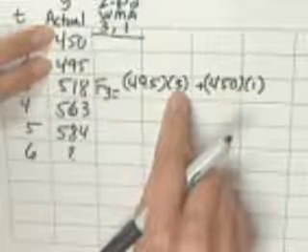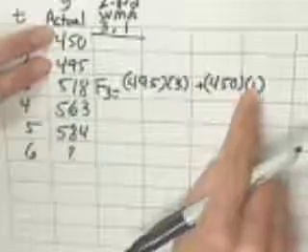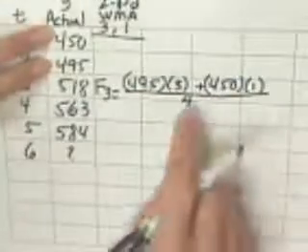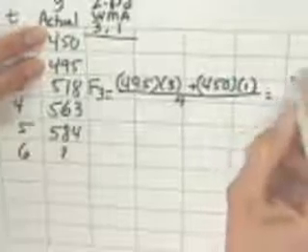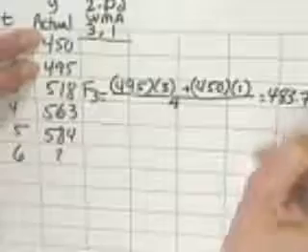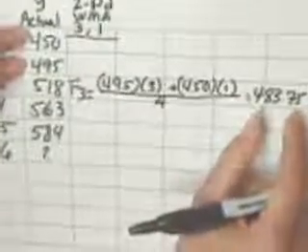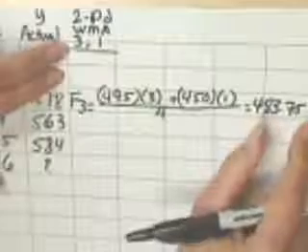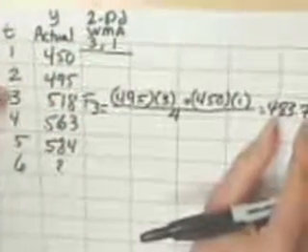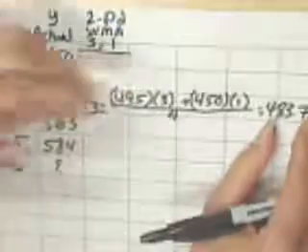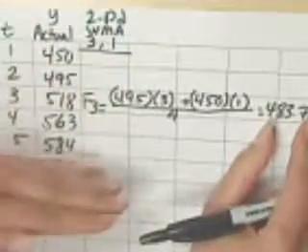Now the sum of the weights is 3 plus 1, which is 4, so we average over the sum of the weights, so we divide by 4. And that answer comes out to be 483.75. So this number is my 2-period weighted moving average forecast for time period 3 when the weights of 3 and 1 are used. Now, once you select those weights, you have to use them consistently throughout.